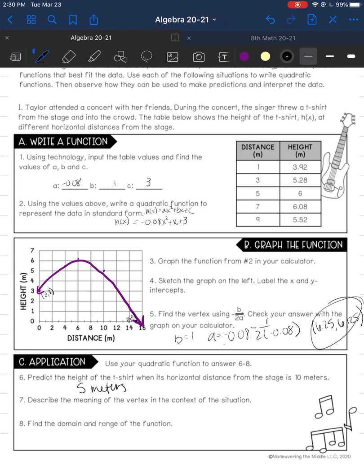Number 7, describe the meaning of the vertex in the context of the situation. If we're talking about what the vertex is, what does that mean? Well, it's the maximum. And if it's our max, when we're looking at our y value, it's the max height. It's the maximum height that it can be thrown. And we get that when it's at a certain distance, or our x value.